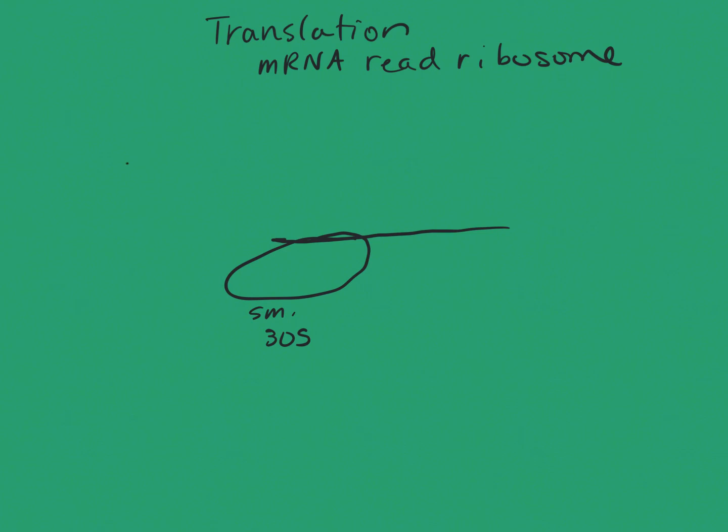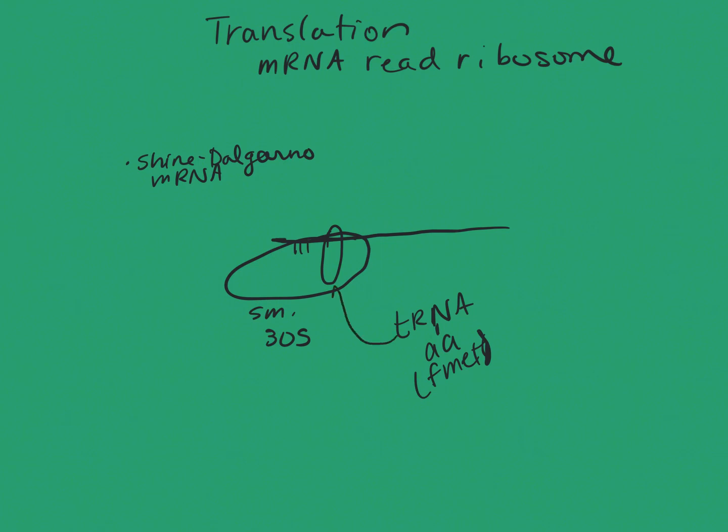We talked about a special sequence called the Shine-Dalgarno sequence on the messenger RNA that lines up just right with a certain spot of the ribosome so that the first tRNA that's charged with an amino acid, the first one is always going to be formylmethionine, F-met, will come in and dock at the P site on the small subunit of that ribosome.